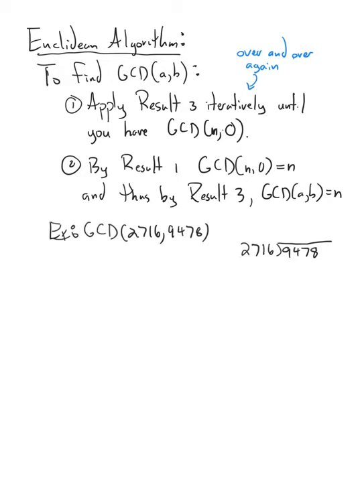So it looks to me like it goes in 3 times. So 3 times 2,716. So 18, carry 1. 3 times 1 is 3 plus 1 is 4. 3 times 7 is 21, carry 2. 3 times 2 is 6 plus 2 is 8. And we subtract, 3, 3, 1. So we get a remainder of 1,330.